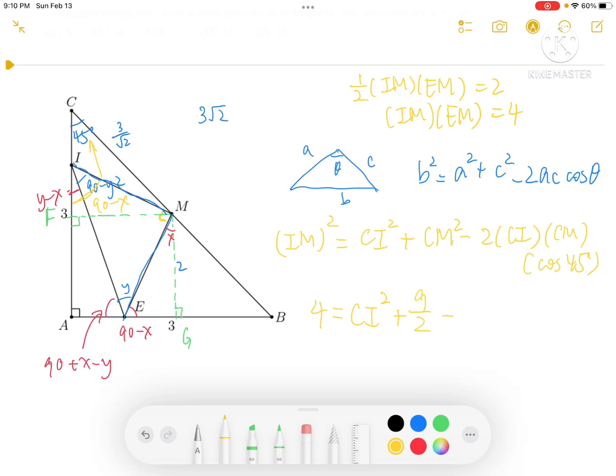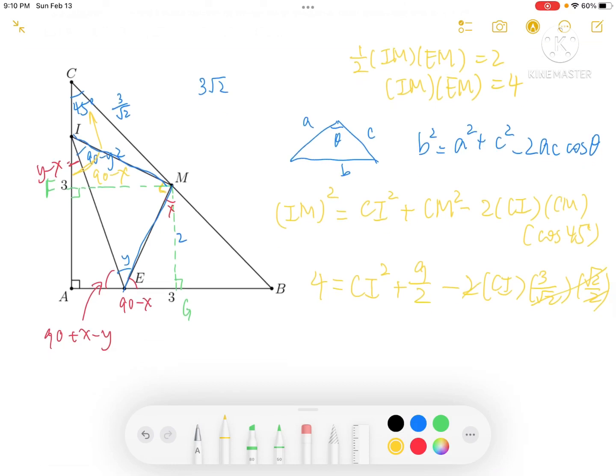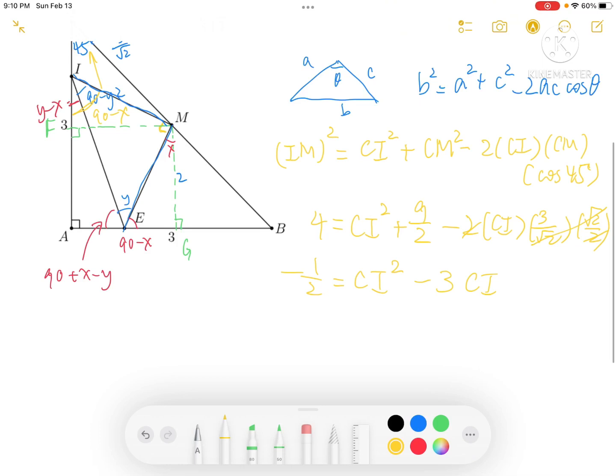CM squared, or 3 divided by root 2 squared, is just 9 over 2, minus 2 CI times 3 over root 2 times cosine 45, which is equal to root 2 over 2. So these cancel out. 4 minus 9 over 2 is negative 1 over 2, which is equal to CI squared minus 3CI. So we have 0 equals 2CI squared minus 6CI plus 1.